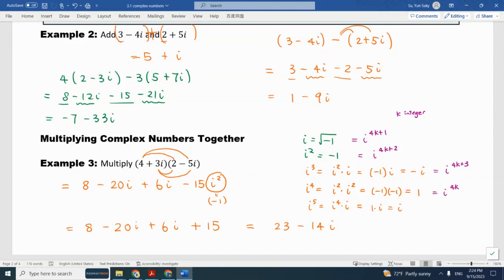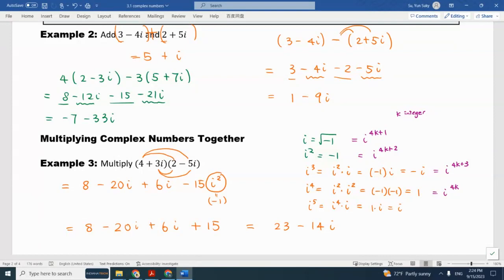So now my question is, what's this year? This year is 2023. What is this equal to? Negative i. Yes, exactly.